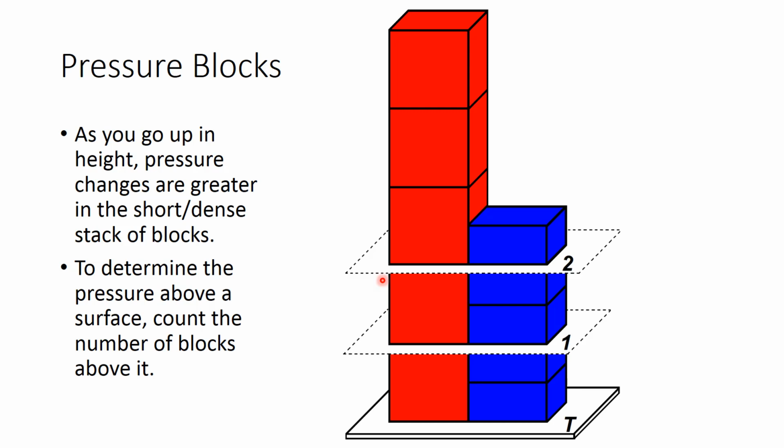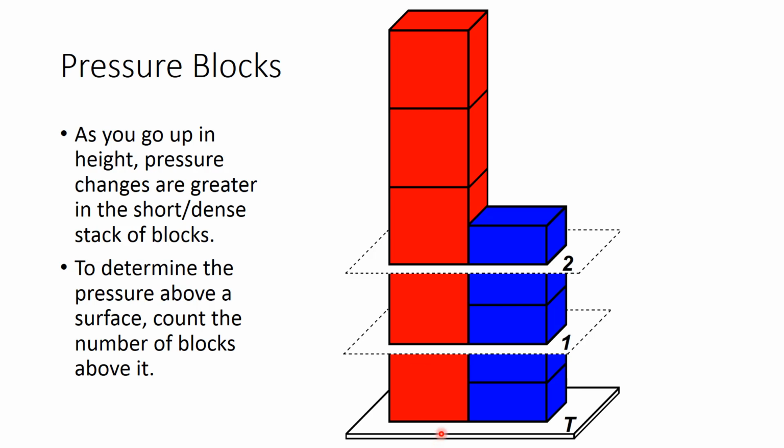Now let's actually complicate this a little bit, and this is basically what I was just talking about. Let's say, again, if you're at the surface here, both of these stacks have the same pressure. And how can you identify the pressure at the surface of this table? Count the number of blocks above you. In the red stack, you have 1, 2, 3, 4, 5 blocks above you.